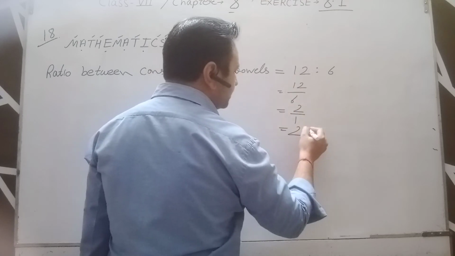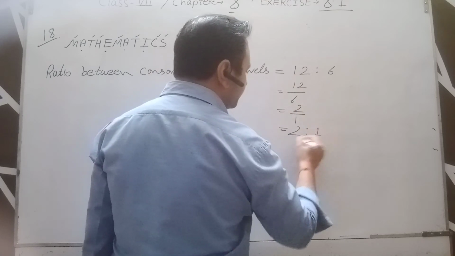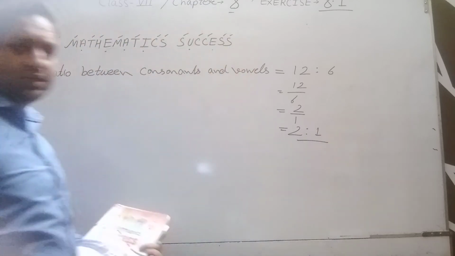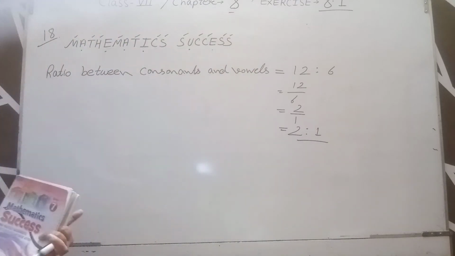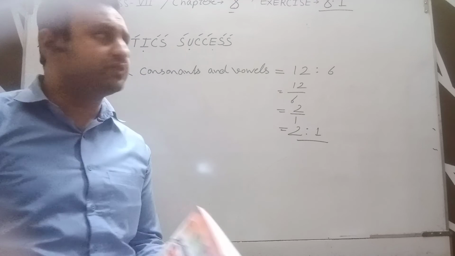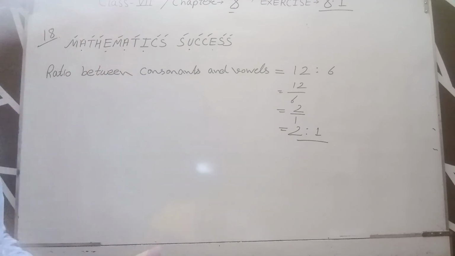So the required ratio is 2:1. So it is also very easy. Just note down and complete exercise 8.1, and now we start exercise 8.2.